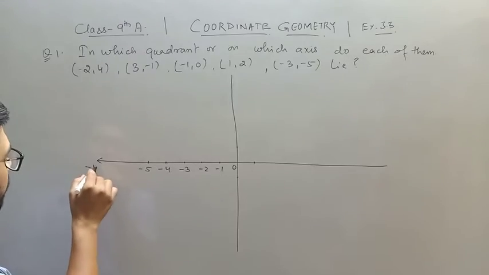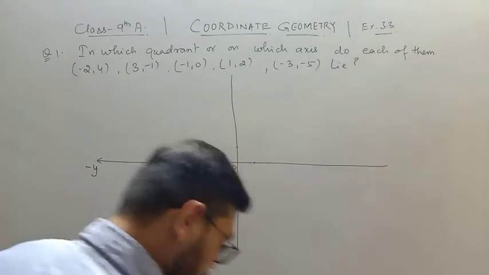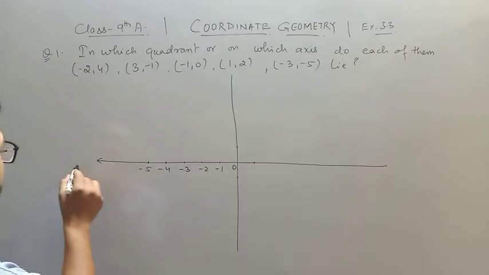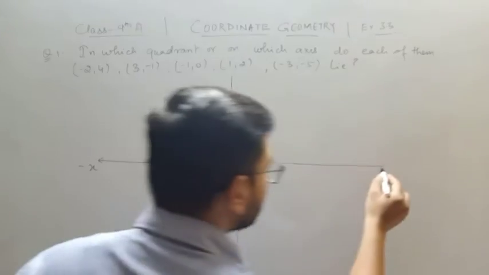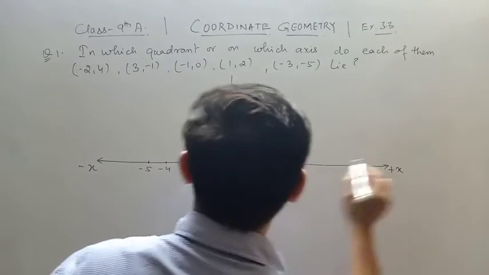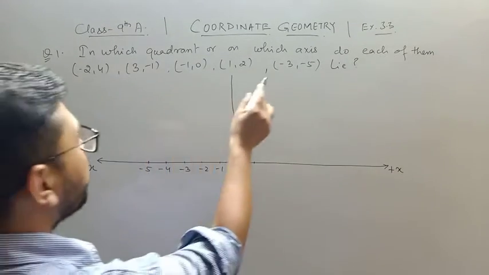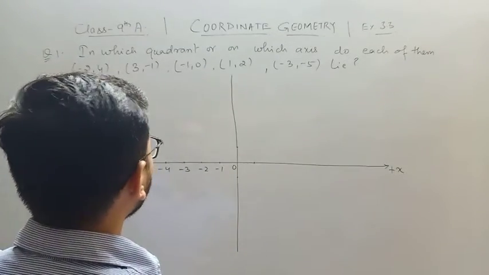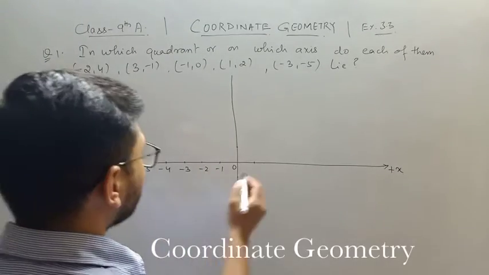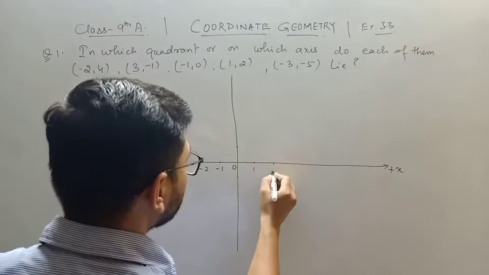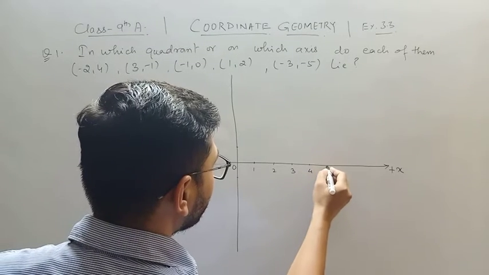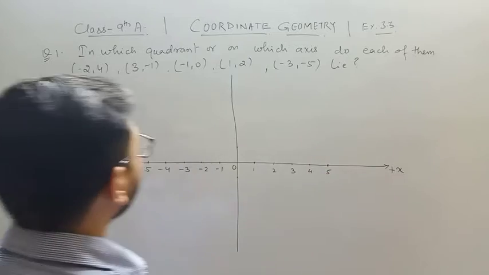So this is your negative y-axis, sorry, this is your negative x-axis, I'm so sorry. This is your negative x-axis and this is your positive x-axis. So in the positive you have the maximum value. Let's say this is 1, this is 2, this is 3, this is 4 and this point is 5.